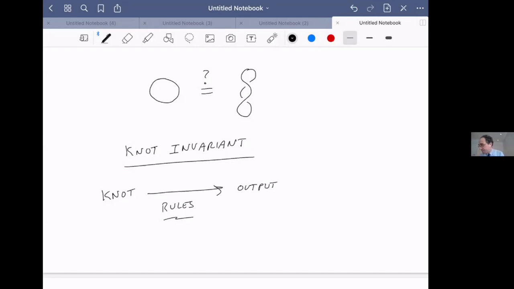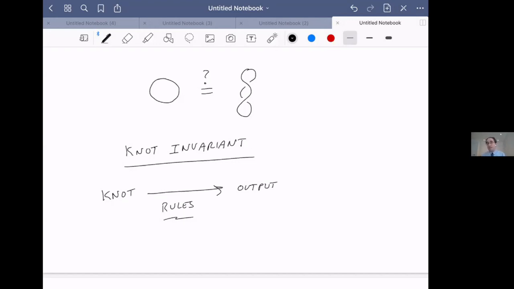So, for example, if you have two really super complicated knots and you don't know if they can be deformed into each other or they can't be deformed into each other, you stick them into the set of rules. If you get two different outputs, then you know immediately that there's no way to deform one knot into the other knot without cutting and make them the same. They're necessarily two different entries on the periodic table of knots.